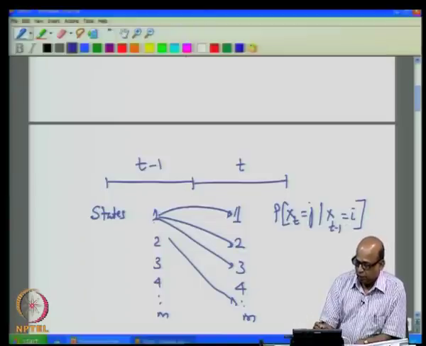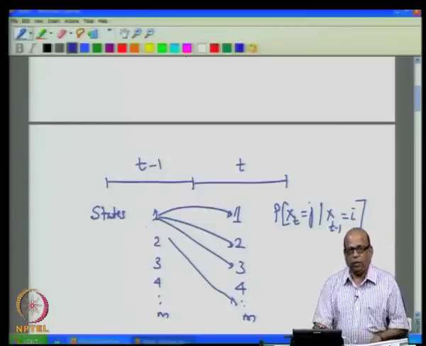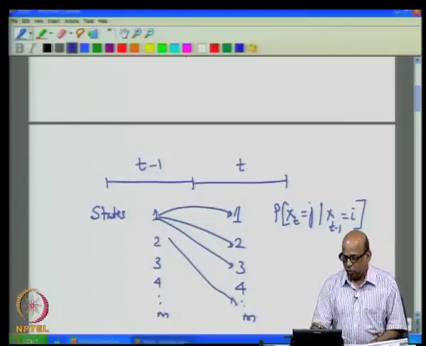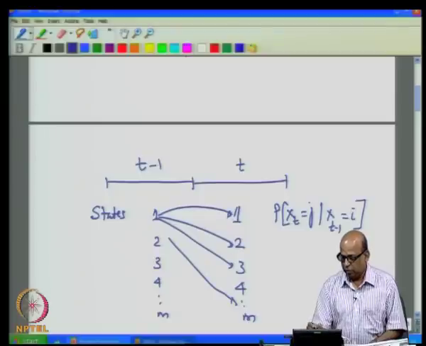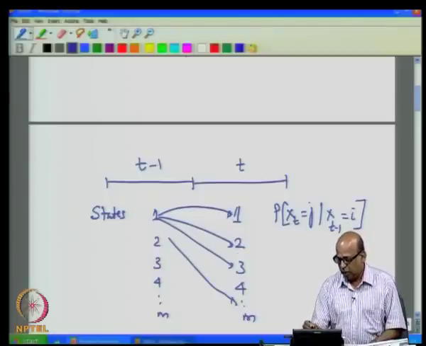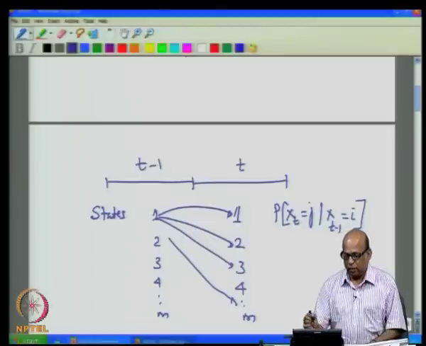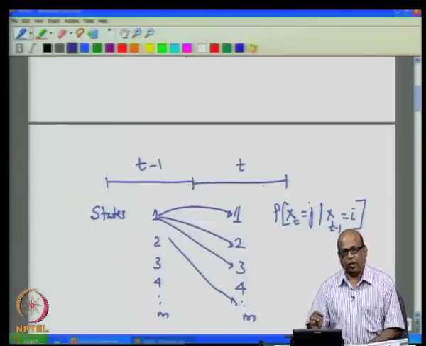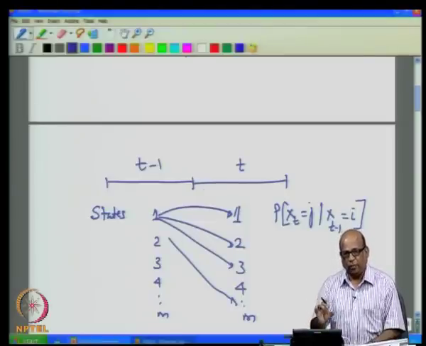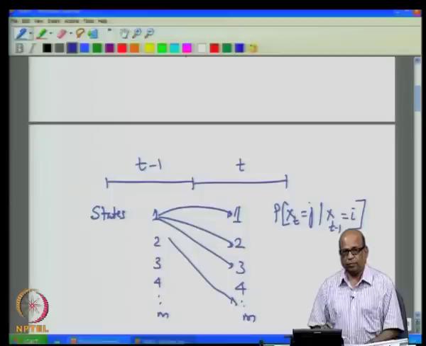So, starting with a particular class interval i in time period t minus 1, it can go to either class interval 1, class interval 2, class interval 3 etcetera, to any of these class intervals m, and it has to go into exactly one class interval in the next time period t. By class interval I mean the state of the system.